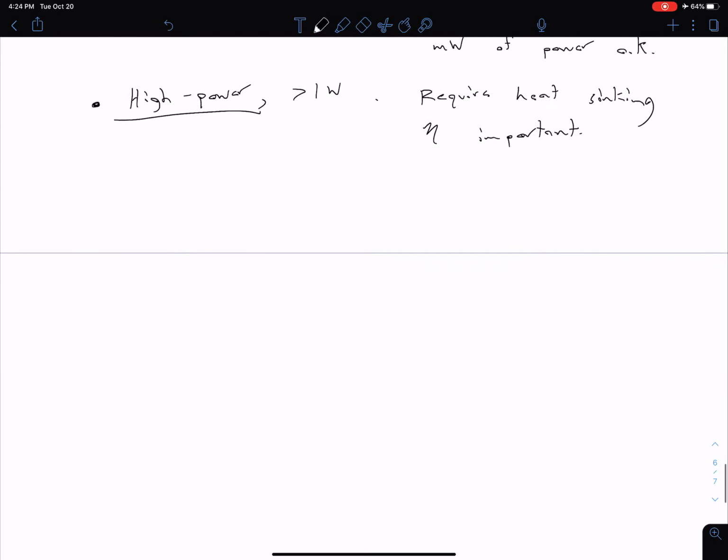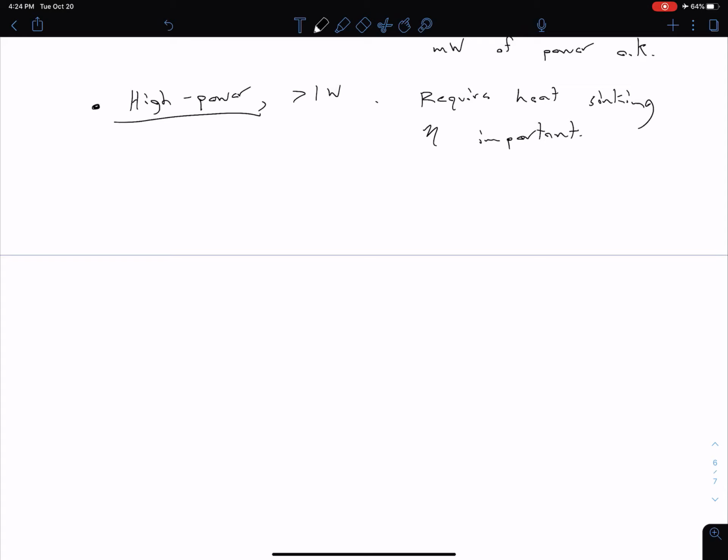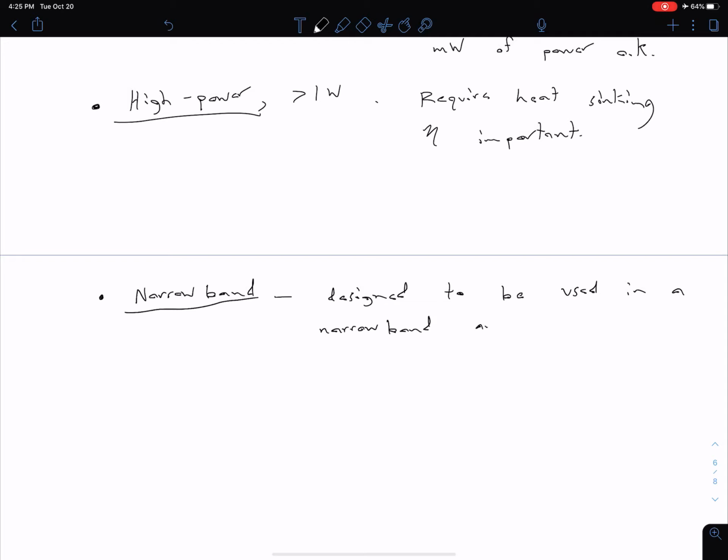So another thing to consider with our transmitter amplifiers is the size of the band over which we are broadcasting. So we can have a narrow band or a broad band. So narrow band is going to be just around a certain frequency, designed to be used, as the name suggests, in a narrow band around some center frequency.